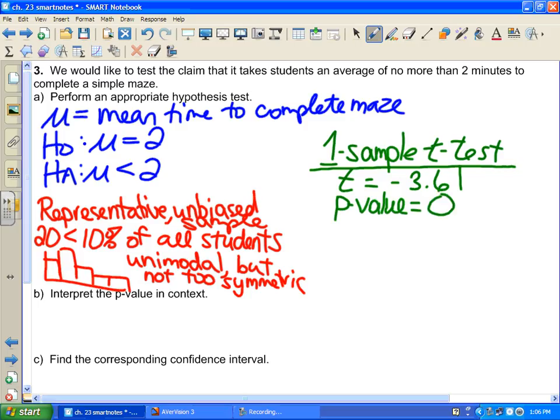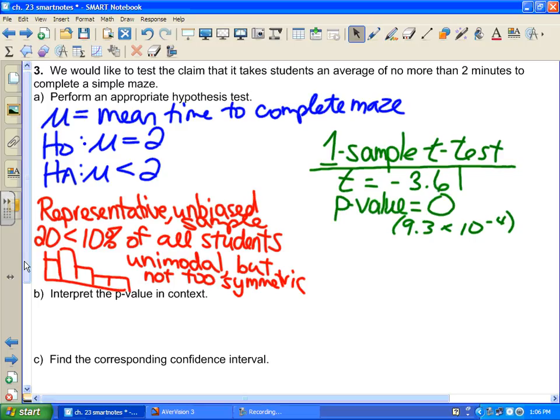Basically 0. Here's what you should not do: if you put 9.35, that is wrong. A p-value is a probability. It should never be above 1. So pay attention, watch for that E. If we wrote times 10 to the negative, yeah, that'd be fine, for all practical purposes.